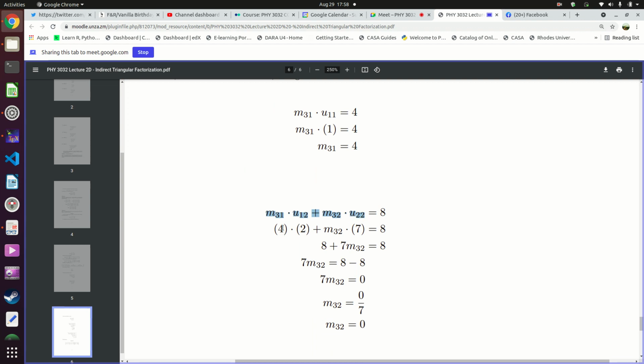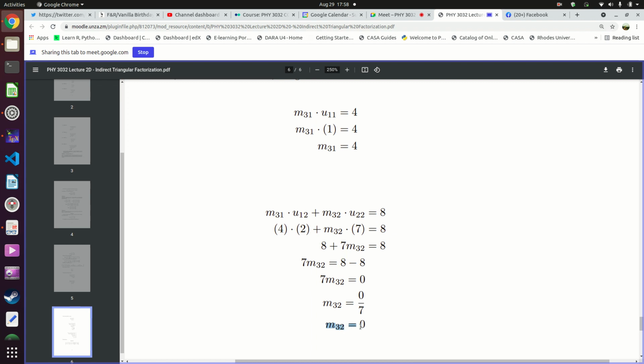So you end up with 4 times 2, 8, plus M32 times U22, which is 7. So here you end up with 8 plus 7 M32 equals 8. You take the 8 to the other side, you end up with 7 M32 equals 8 minus 8. Then 7 M32 equals 0. Then M32 is going to be equal to 0 divided by 7. You end up with M32 being equal to 0.